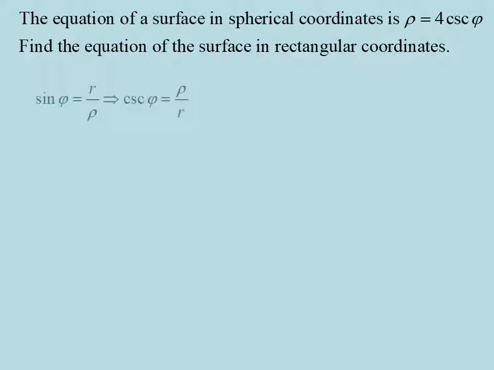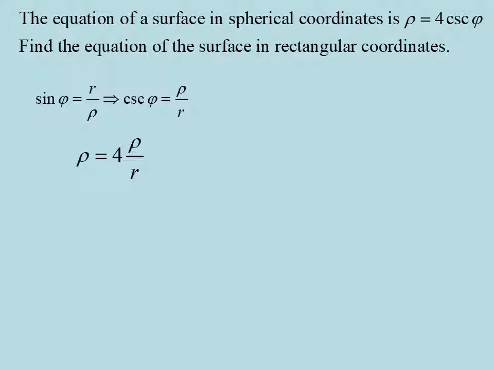So what I'm going to do on this one is remember how I developed the relationships. The sine of phi from an earlier slide was r divided by rho, which makes the cosecant, the reciprocal of that, rho divided by r. So we're going to take the cosecant and replace it with rho divided by r.